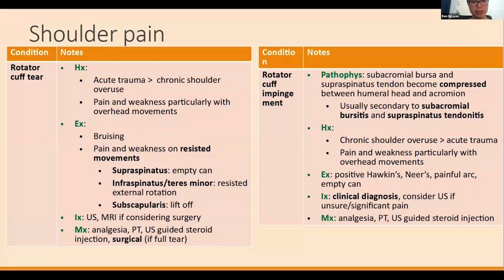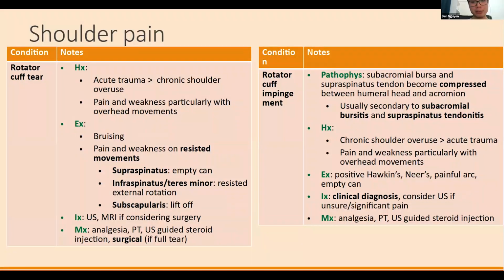So if you've got a tear, on examination, you'll have pain and weakness on your resisted movements. Depending on what muscle is torn, there's certain exams that will elicit pain and weakness. Whereas with impingement, you'll get more pain when you put your shoulder in certain positions that will impinge upon the structures, right?